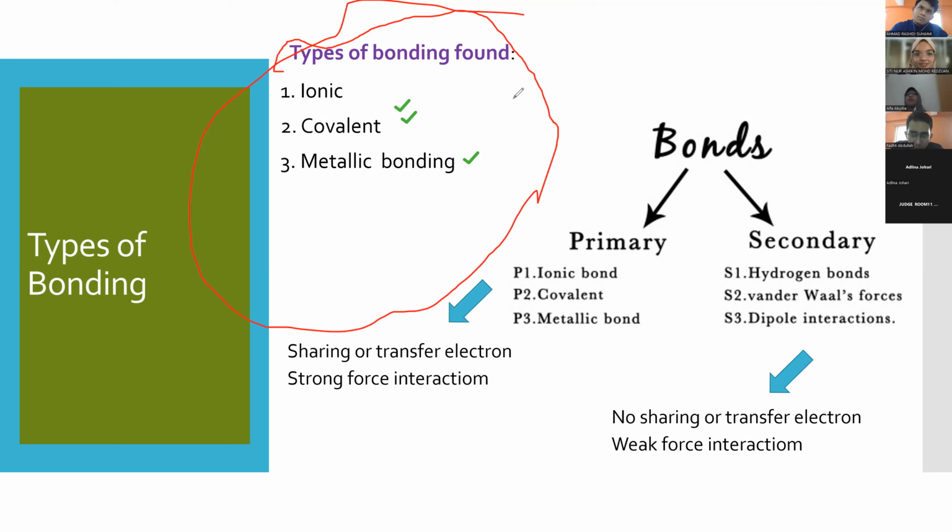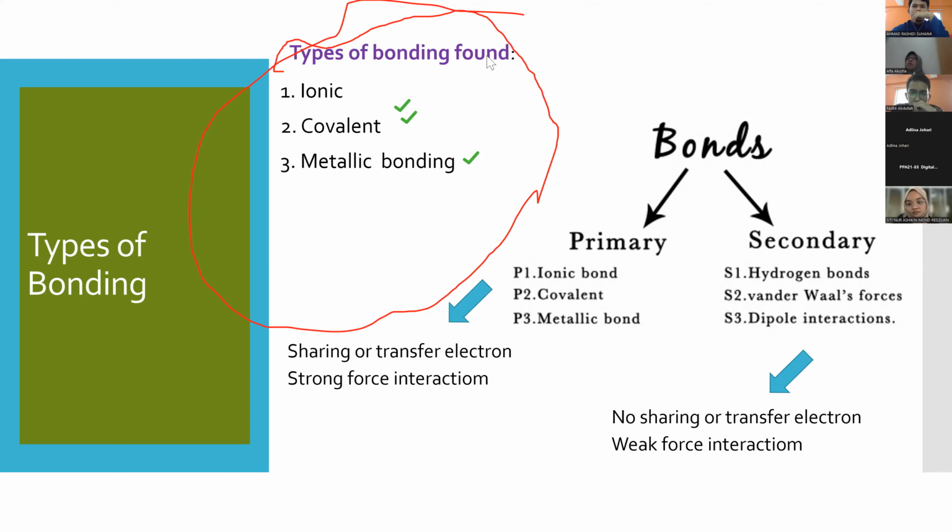Primary bonding. To make a material, the dominant bonding is primary bonding. But we have to know there are two classifications of chemical bonds: primary and secondary bonding.